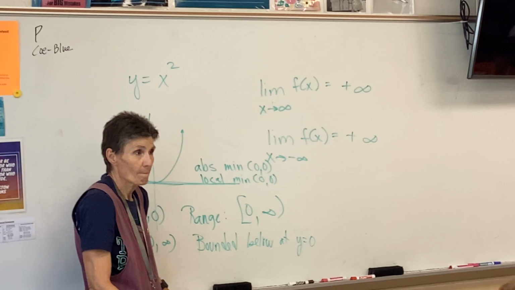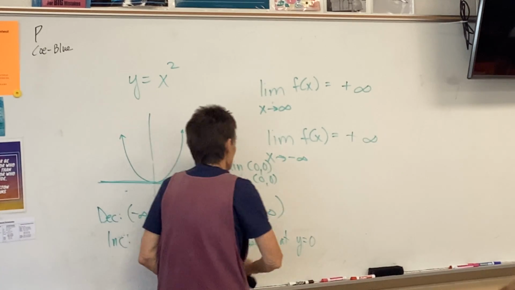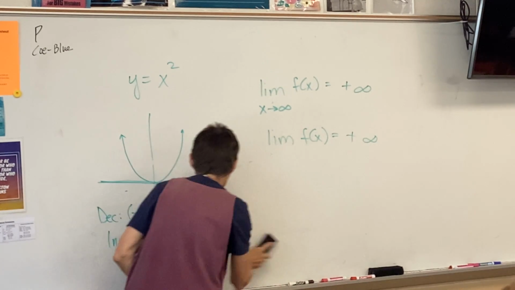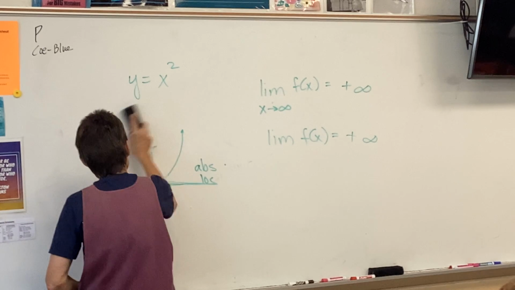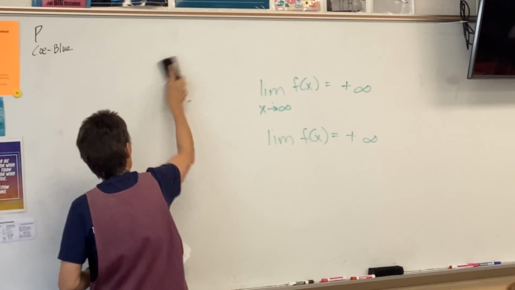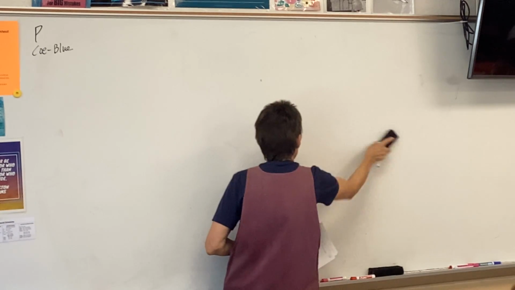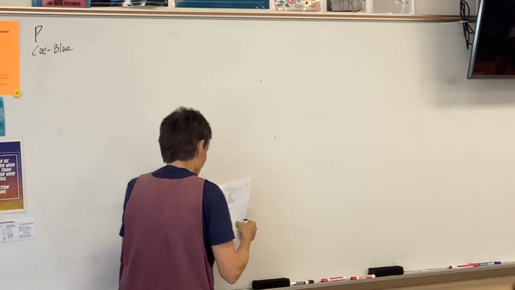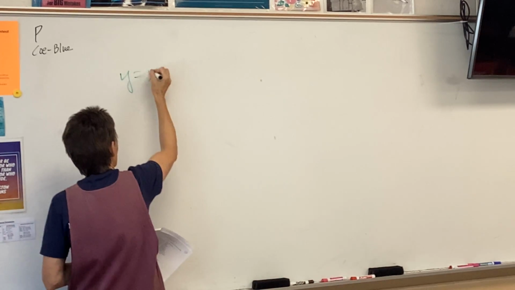Good? Alright, let's get the rest of these pictures up here. Then we'll come back and talk about whatever other aspects you want. The cubing function. Y equals x cubed.